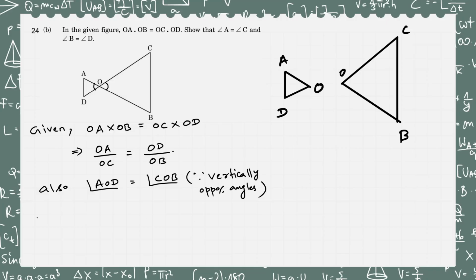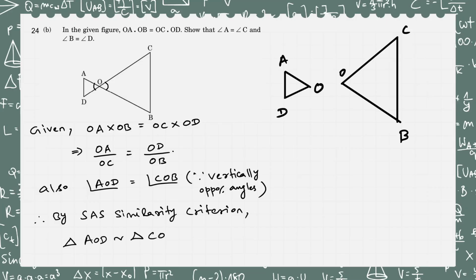Okay, so therefore by SAS similarity criterion, triangle, watch out for the order of the letters. AOD is similar to triangle COB. Okay, because AO side and CO side are proportional to each other.